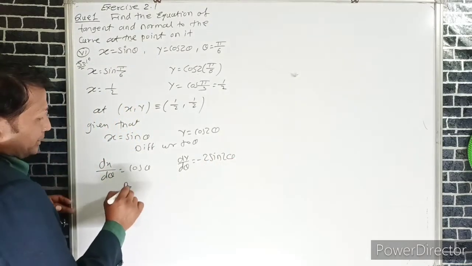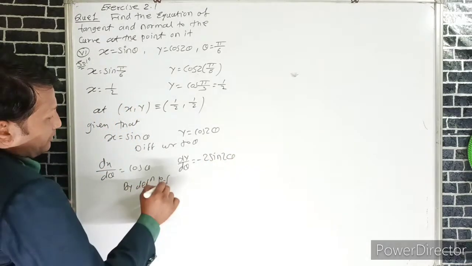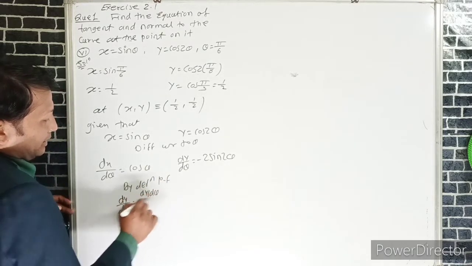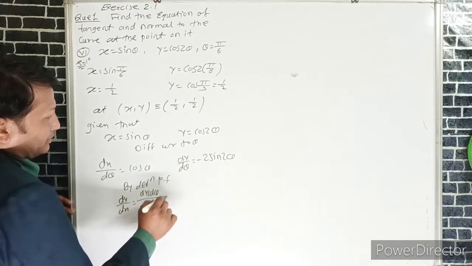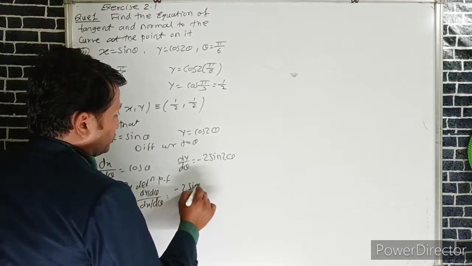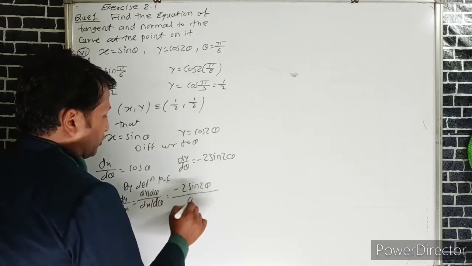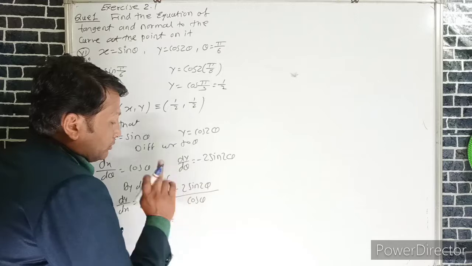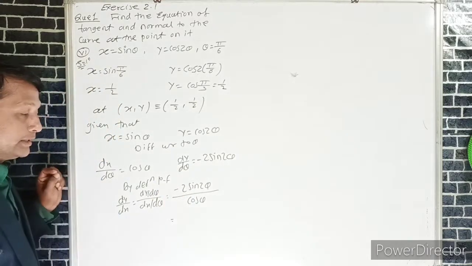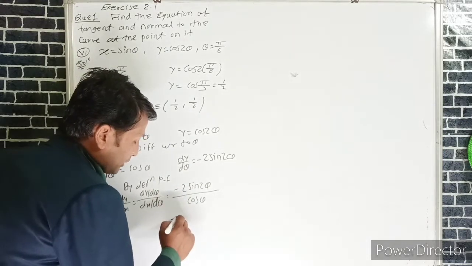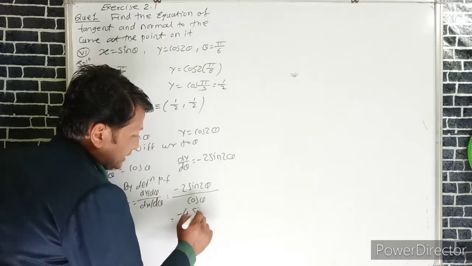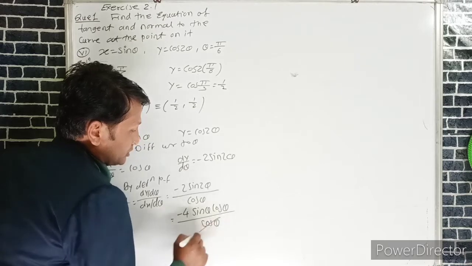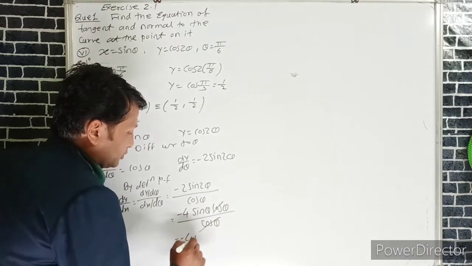So by the definition of a parametric function, dy upon dx is equal to dy by d theta upon dx by d theta, which is minus 2 sin 2 theta upon cos theta. Writing sin 2 theta as 2 sin theta cos theta, we get minus 2 into 2, minus 4 sin theta cos theta upon cos theta. Here cos theta cancels, and we get minus 4 sin theta.